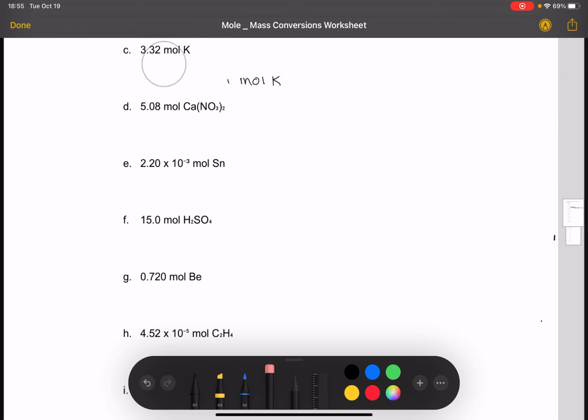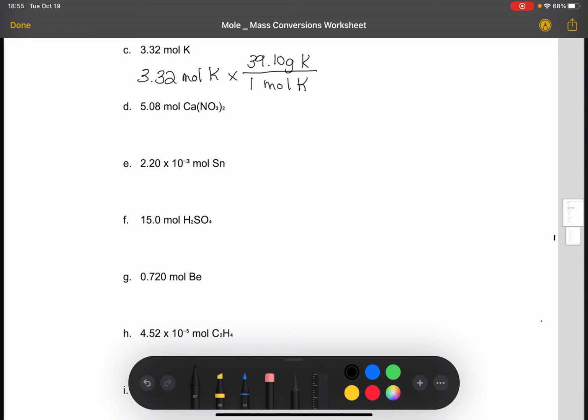Knowing that, let's do our problem. We are given 3.32 moles of potassium, and we need to multiply that by our conversion factor, which we know to be 39.10 grams of potassium in every mole of potassium.